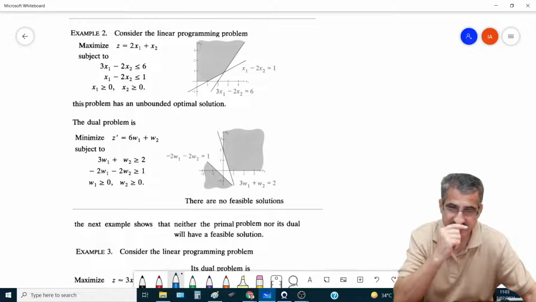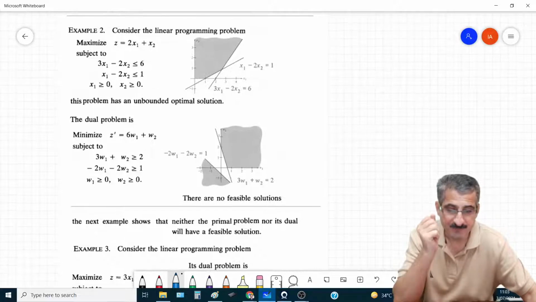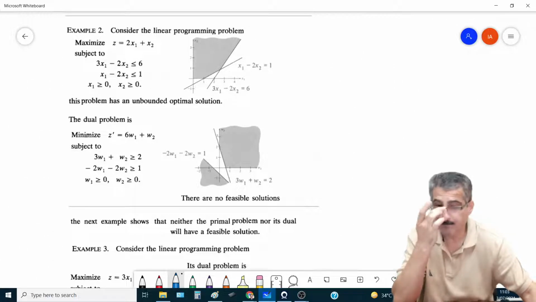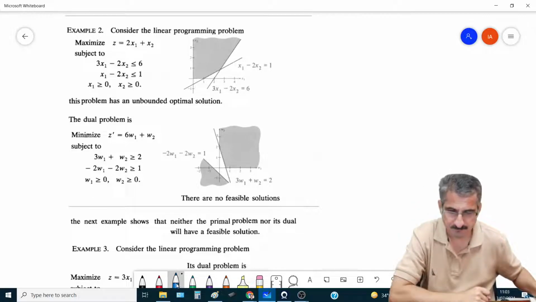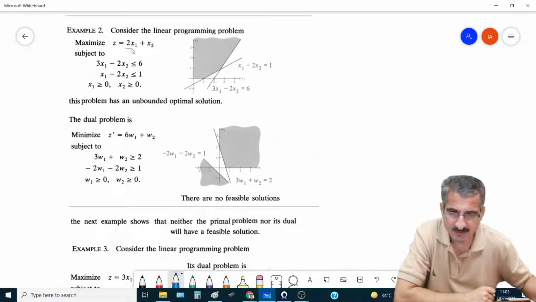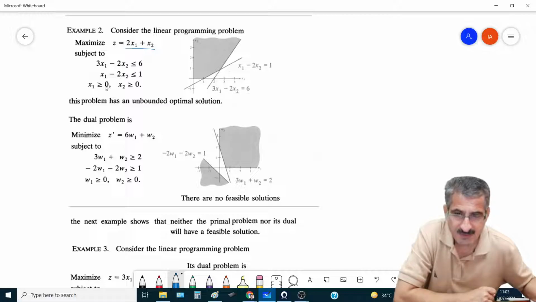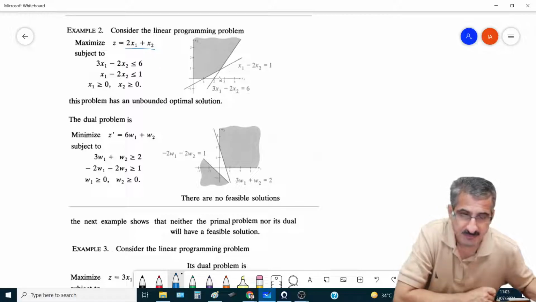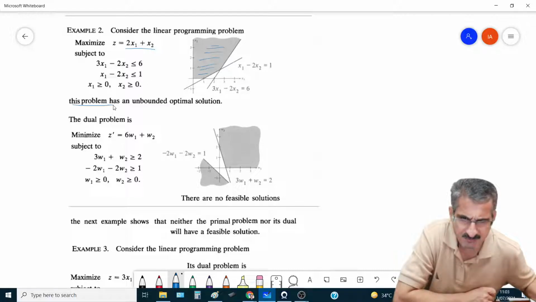Okay, consider the linear programming problem. Now, look what's happening here. This is the linear programming problem, and these are the constraints. And this represents the area of feasible solutions. What about it? This problem has an unbounded optimal solution. Why does it have an unbounded optimal solution?